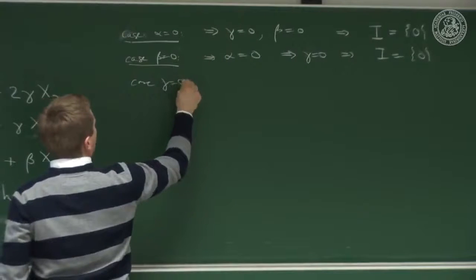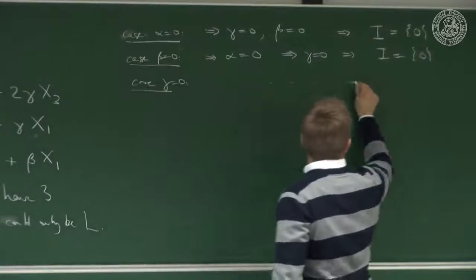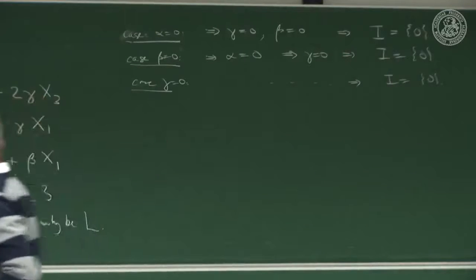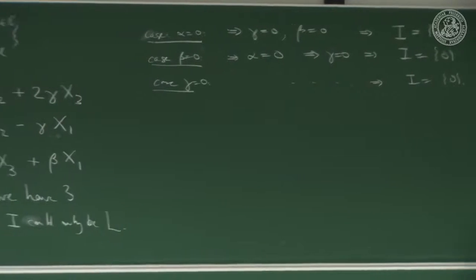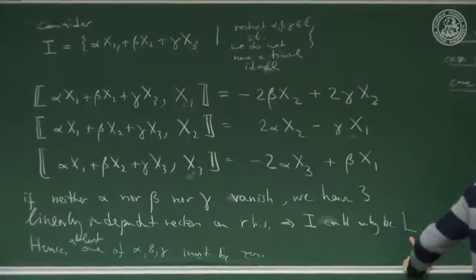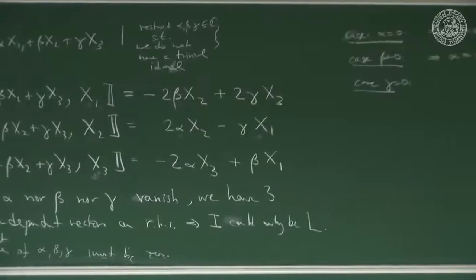However, with the same result, I is trivial. And the last case is too boring to go through. It's exactly the same thing. I is again trivial. So the only possibilities we had, we started from here, I could be either the entire Lie algebra or it could be the zero vector space.